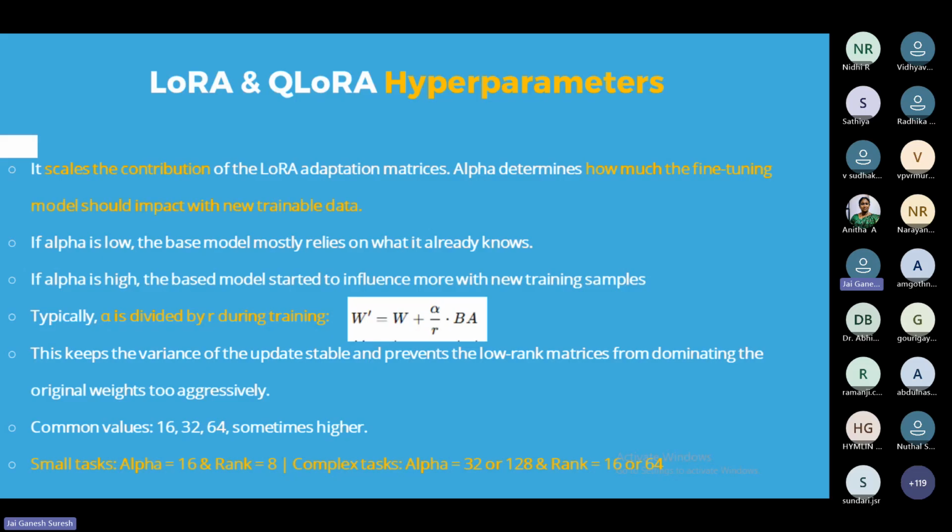Okay, this is the proportionality: your alpha parameter depends completely on your rank. If you choose rank 8, you choose alpha 16, double that. If rank is 64, your alpha must be 128, because as accuracy increases, adaptation must also increase.